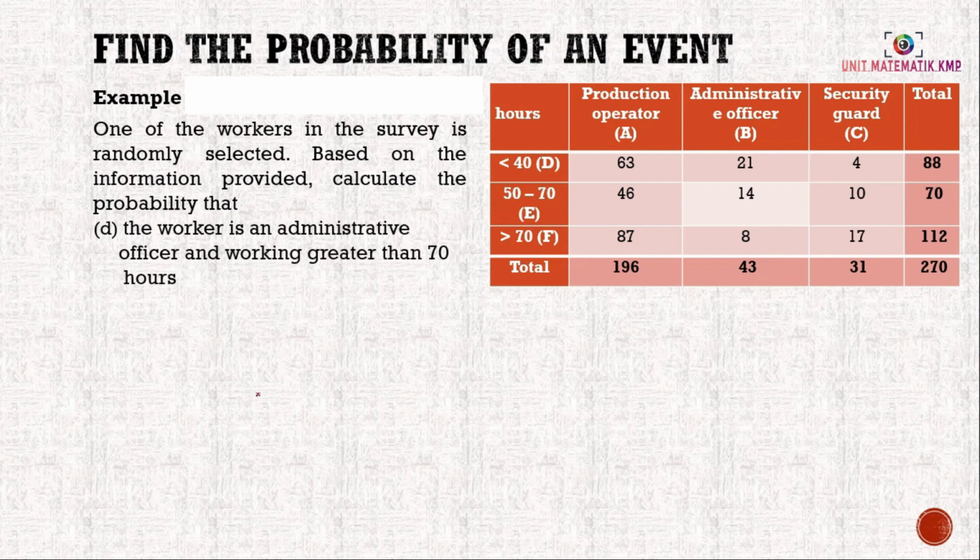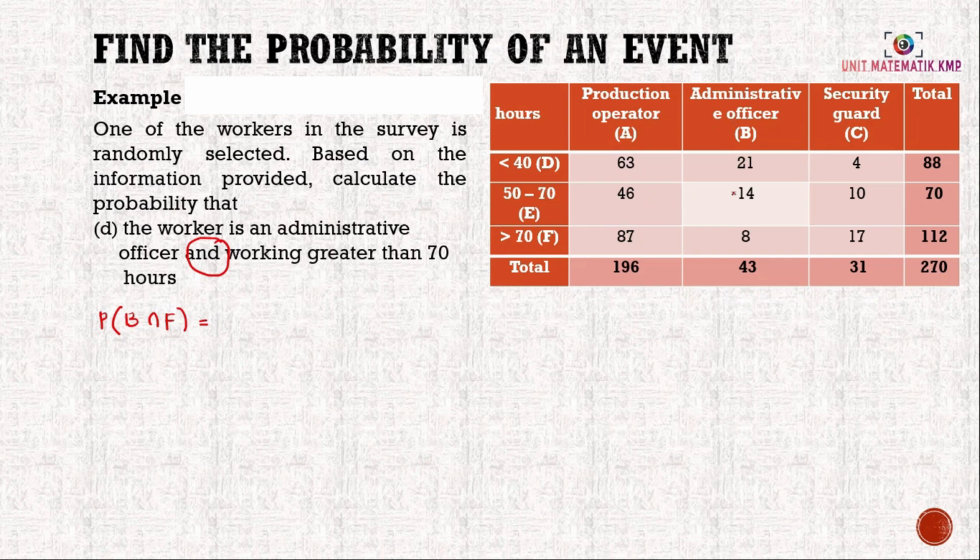Okay, next. Calculate the probability that the worker is an administrative officer and working greater than 70 hour. So dia nak probability of administrative officer, which is B, intercept with F. So here kita tengok dekat B, administrative officer.